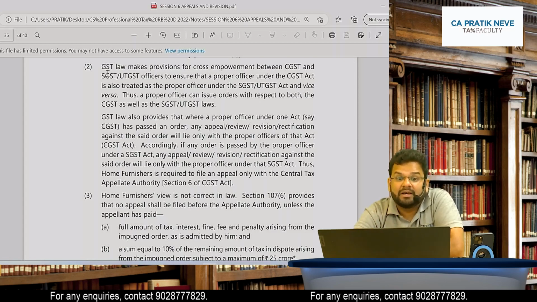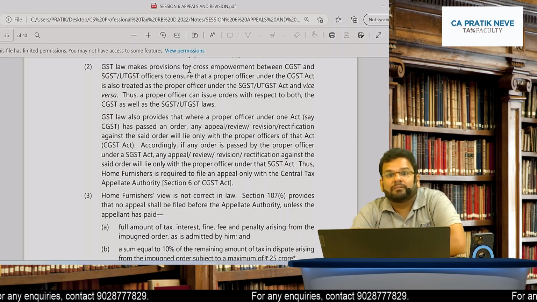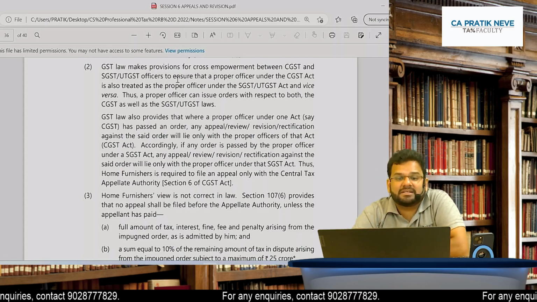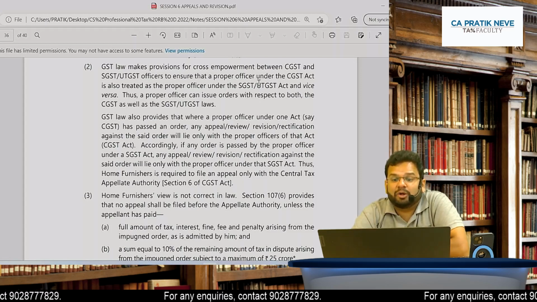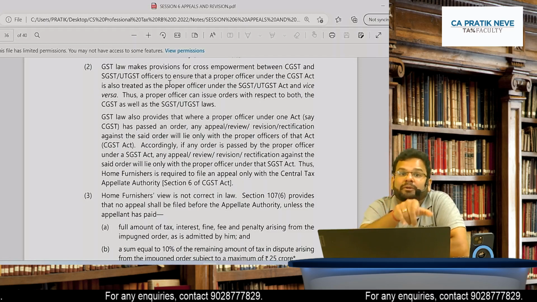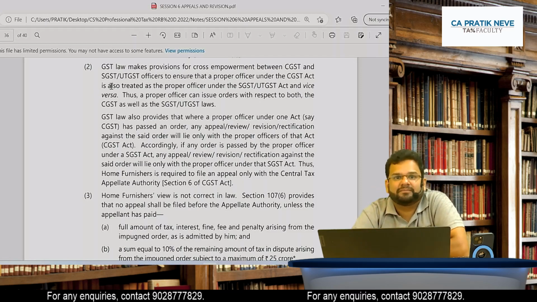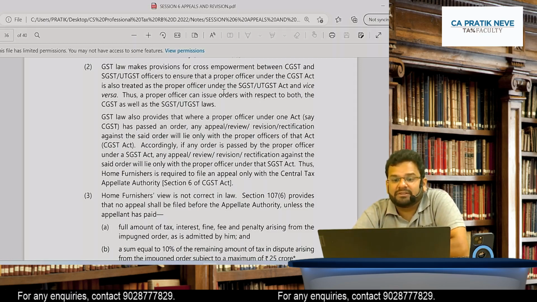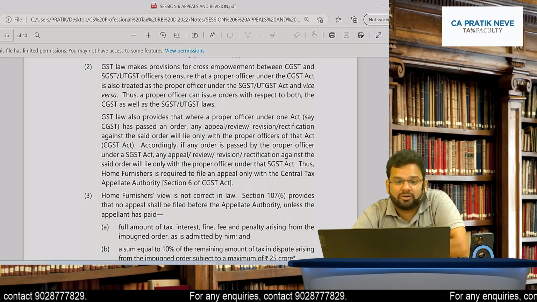See, GST law makes provision for cross empowerment between CGST and HGST/UTGST officers to ensure that proper officer under CGST Act is also treated as proper officer under HGST or UTGST Act and vice versa. Thus, proper officer can issue orders with respect to both CGST as well as UTGST laws or HGST laws.